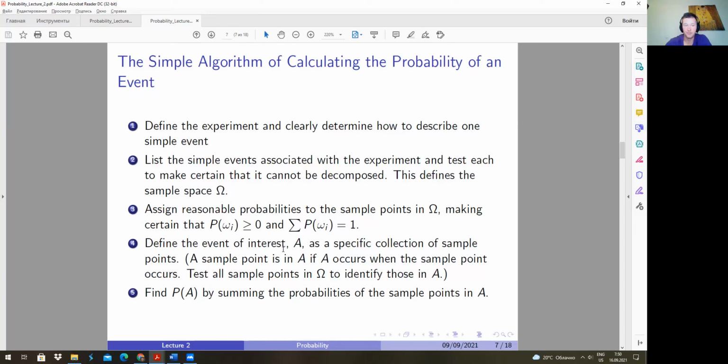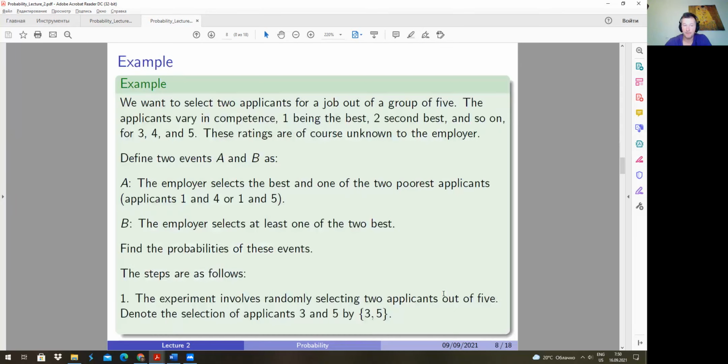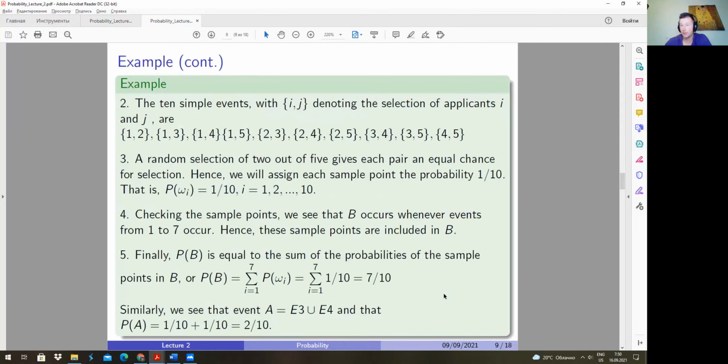Why? Because when we calculate the probability of some event, we need to sum over the probabilities of the sample points inside that event. And sometimes it might be problematic. In this case you can easily count the number of events in the whole sample space. We had this example and the total number was 10.